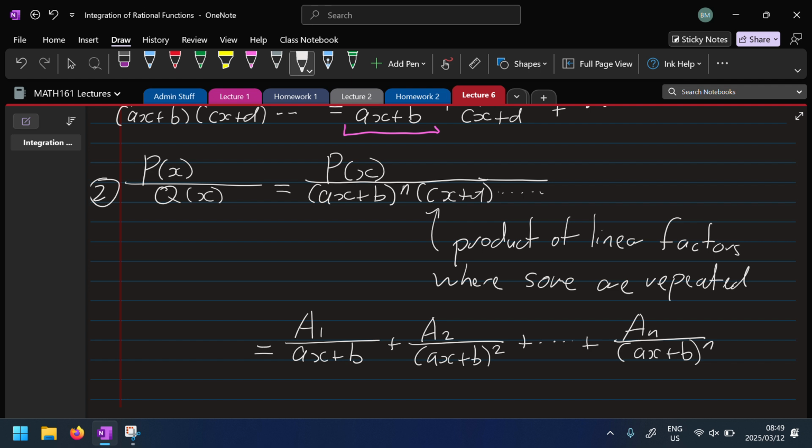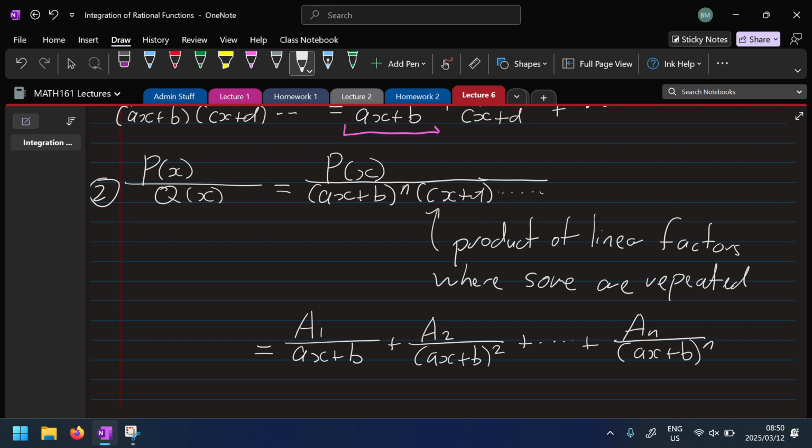Okay. So we're going to have n copies of that first term, the ax plus b. But for each copy, we increase the exponents. So for the first one, it's just ax plus b like we had in case 1. But if it repeats n times, we need to add a copy with it being squared. We add a copy with it being cubed, all the way up to the last copy where it's to the power n.